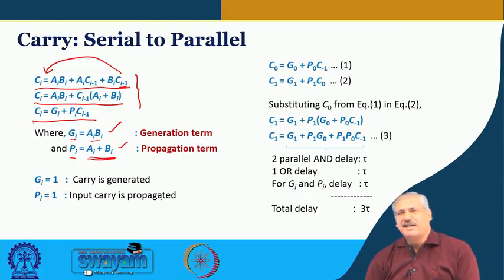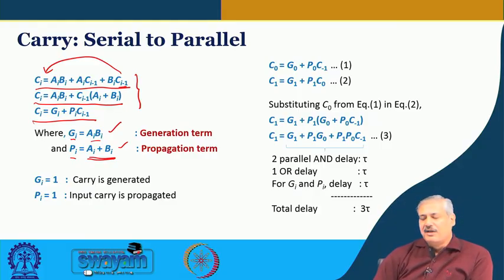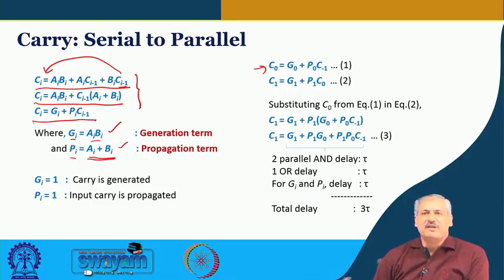Now, with this G I and P I, we try to revisit the equation. So, C naught is G naught plus P naught C minus 1. C minus 1 is the carry from the previous stage; if it is the very first stage, it will be 0.